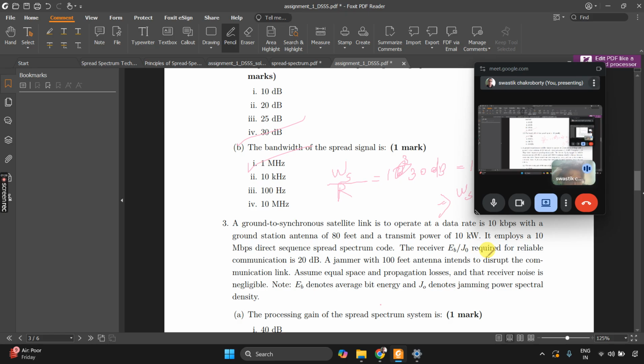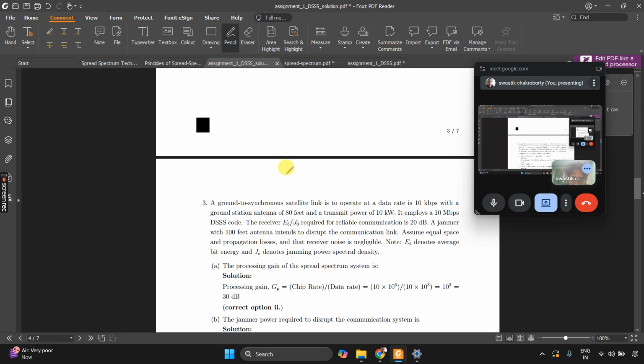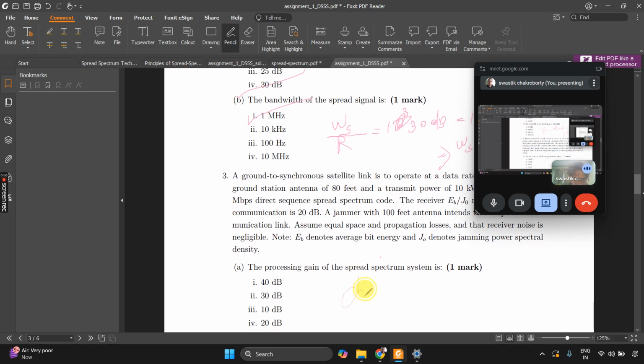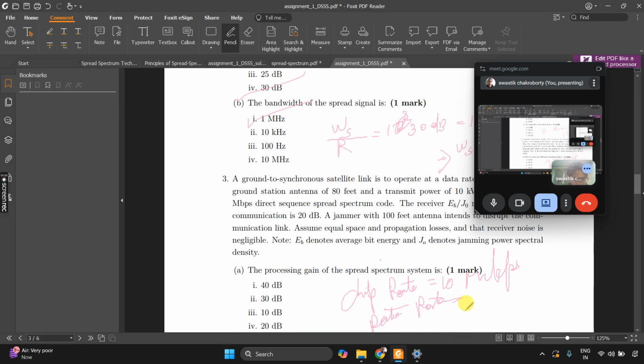The data rate is 10 kbps. So we just have to find the chip rate. The chip rate will be 10 Mbps because it employs a 10 Mbps direct sequence spread spectrum code. So here you can directly get the solution because chip rate is 10 Mbps and data rate is 10 kbps.